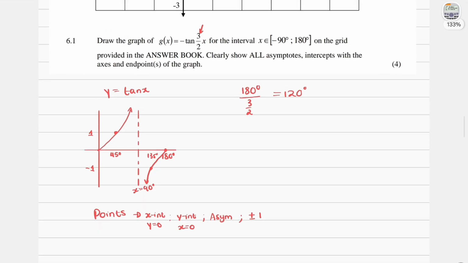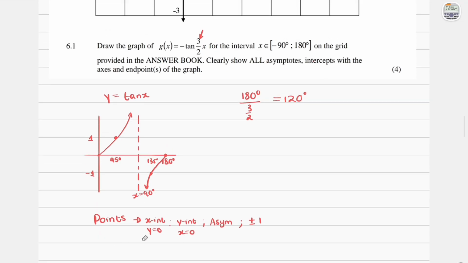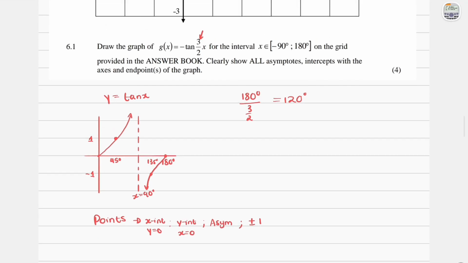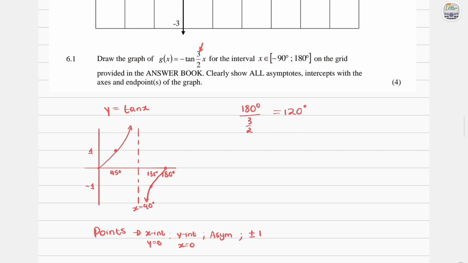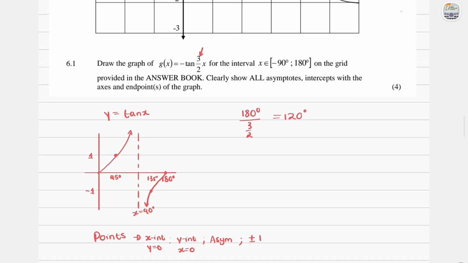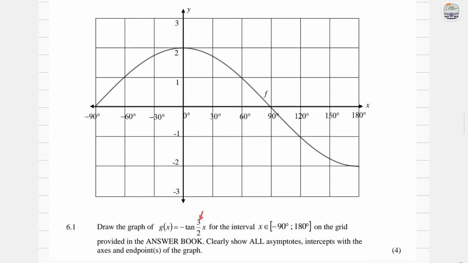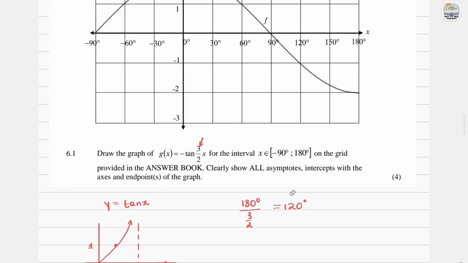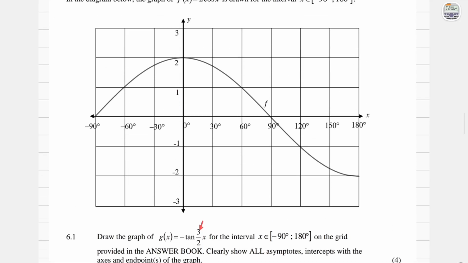Okay, let's get plotting and just find these important points. So we want to find where the x-intercepts are, where the graph is on the x-axis. Okay, so that's going to work like this. You see how the period, we just took that value, the x value, and we divided it by 3 over 2, right? That's what's going to happen to all these x values. Their y values will stay the same.